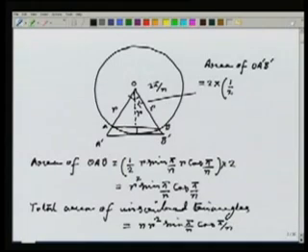In any case I know the altitude here, so it is r into, now the base, well the base is clearly r tan pi by n. So the total area turns out to be, in this case, r square tan pi by n.